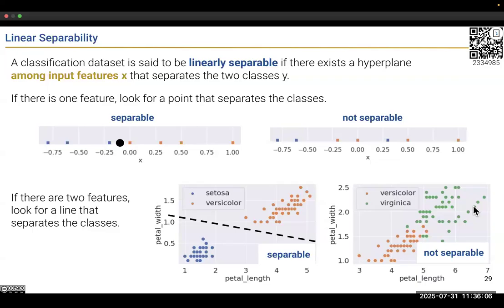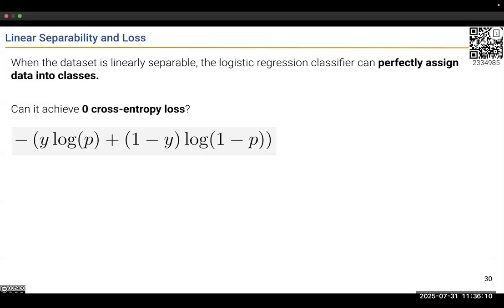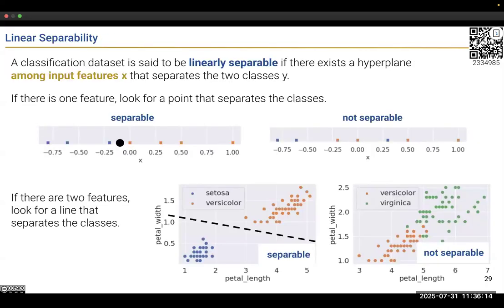So linear separability allows us to make perfect predictions. The intuition is that there does exist a line that actually separates the 2 classes, so all you need to do with logistic regression is to find it.